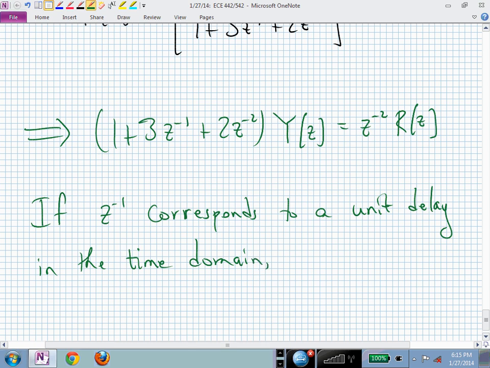So really we're inverse z transforming now, if you didn't know it.